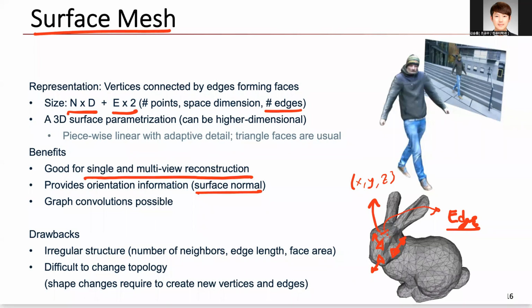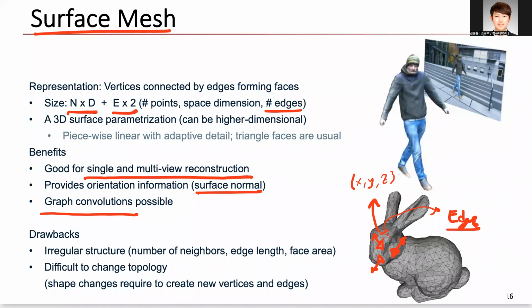I will show this surface normal later, but the surface normal is the orientation information of each plane. And graph convolution can be used on surface meshes. Of course, we can apply graph convolution on the point cloud as well, but in general, to understand 3D mesh information, graph convolution is usually used.